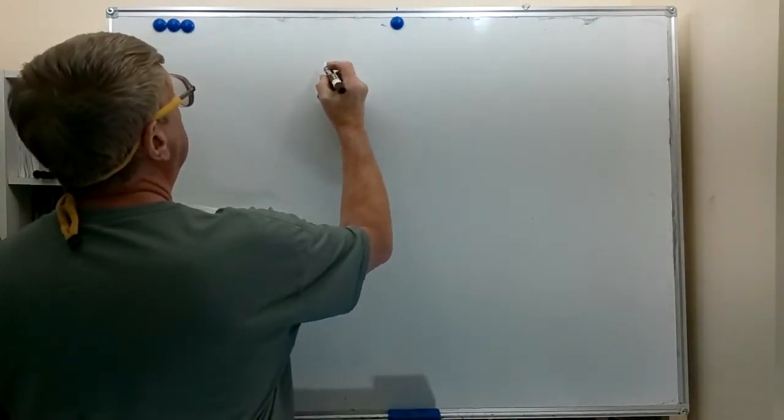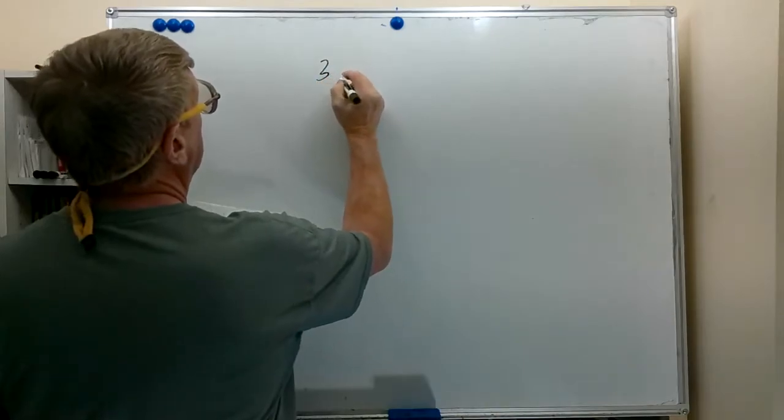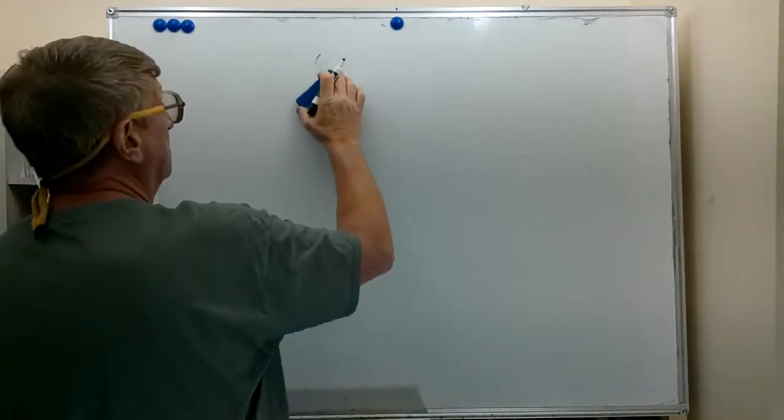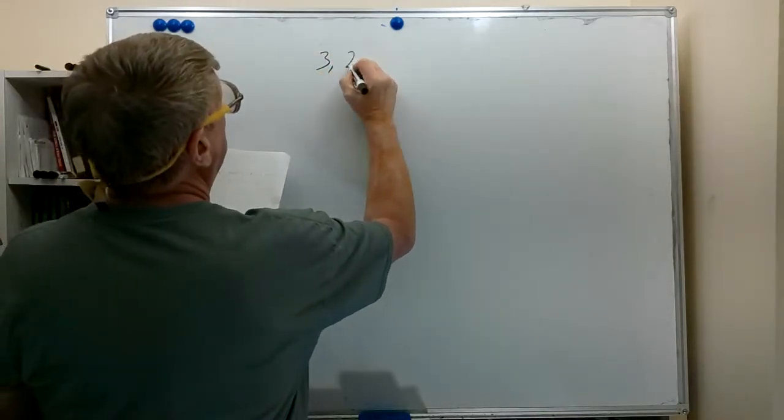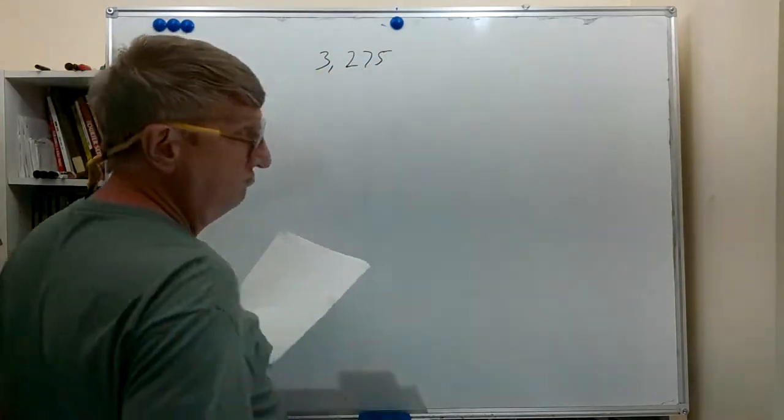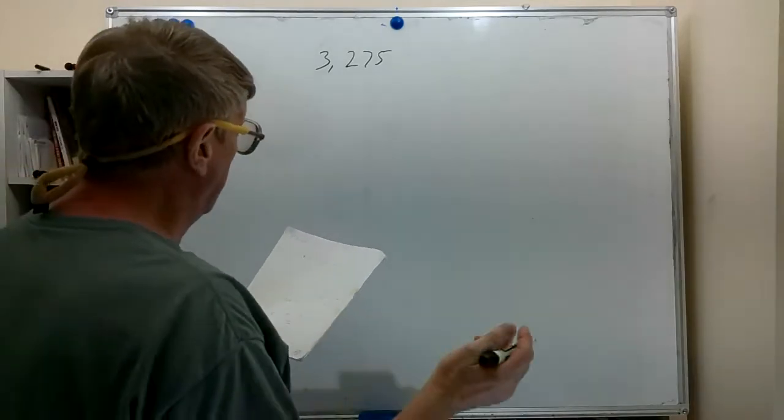Here's a number, so you can read it a little better. 3,275. I'm sure you can all read that number. What does this mean?